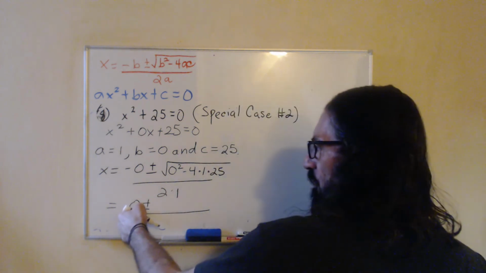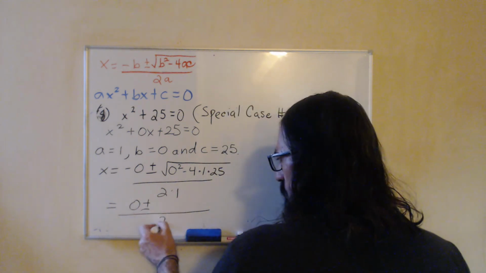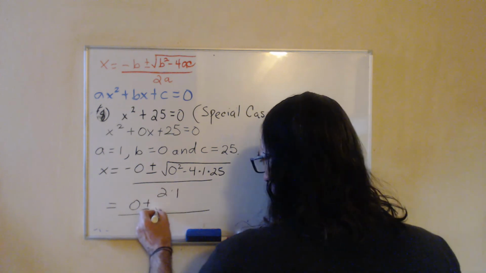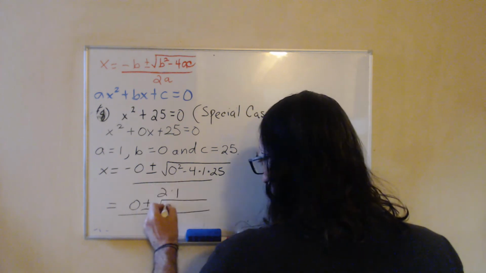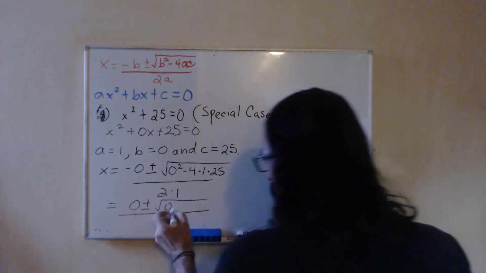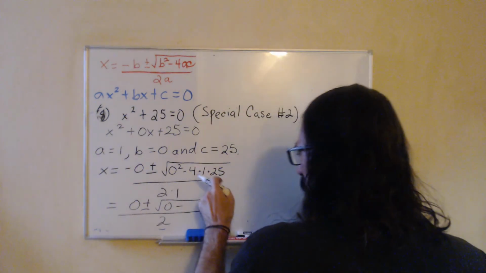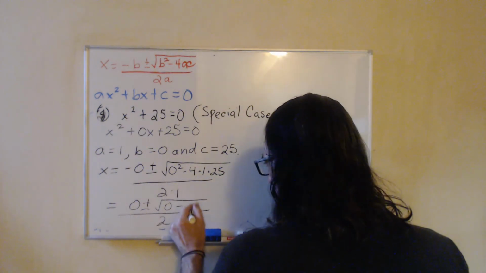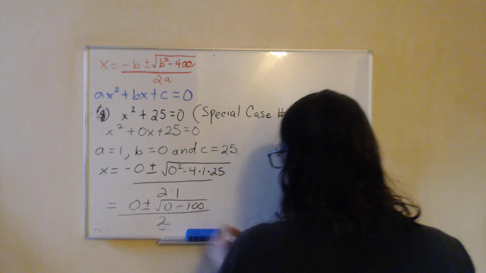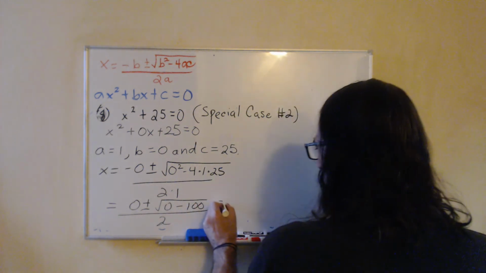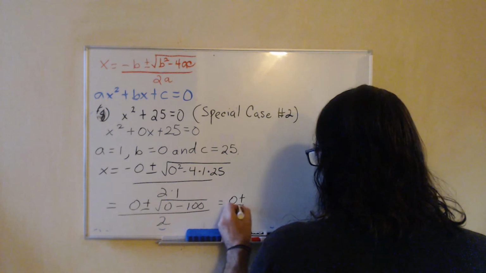Taking care of what I just said about negative 0 is still 0, 2 times 1 is 2. 0 squared is going to be 0. There's only one negative. 4 times 1 is 4. 4 times 25 then is 100. 0 minus 100 is negative 100.